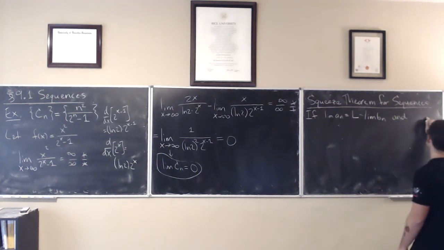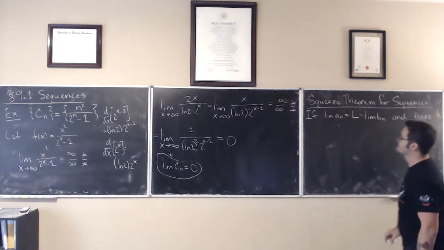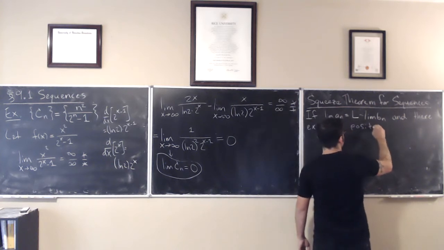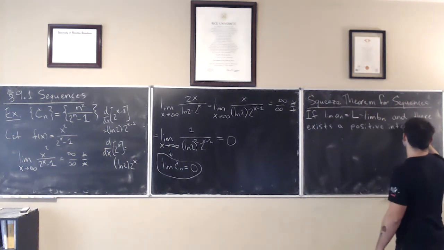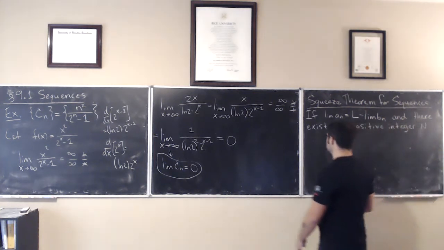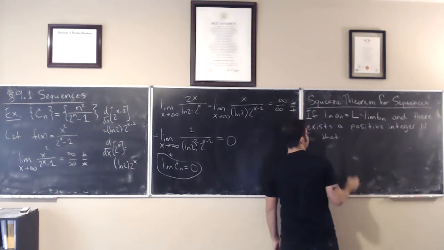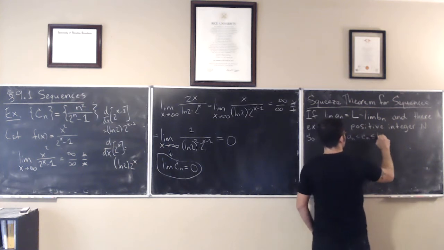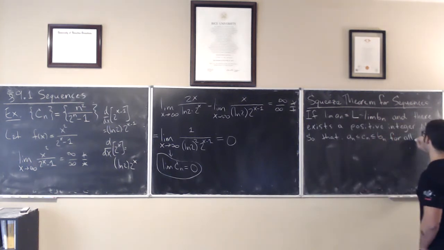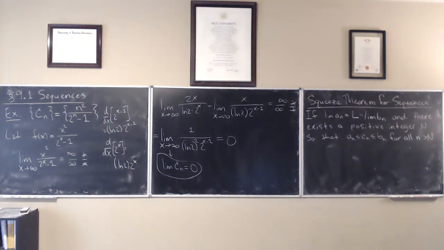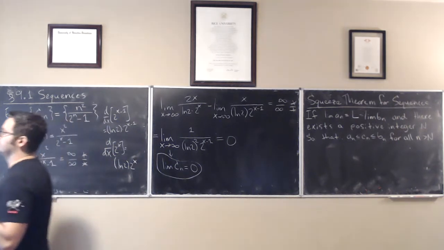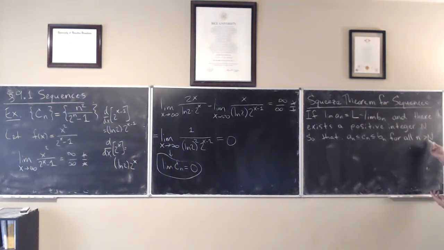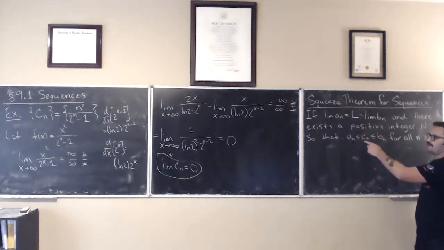And there exists a positive integer N so that an is less than or equal to cn is less than or equal to bn for all little n greater than capital N. So basically what it's saying is that you have two sequences an and bn, they converge to the same number L, and then also the sequence cn, after a certain point, after an index, call it N, is always in between an and bn.